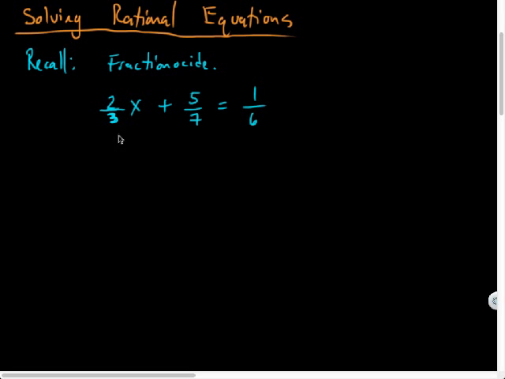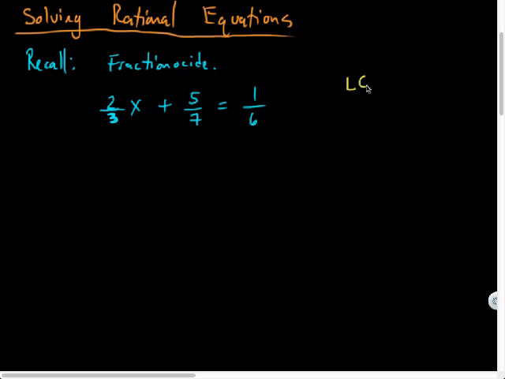Anyways, so if I was using the techniques of fractionicide, or clearing out fractions, as sometimes it's called, or killing fractions, how would I have done that? Do you guys remember the specific sequence, the code that we could use to break down all fractions into whole numbers, or integers?